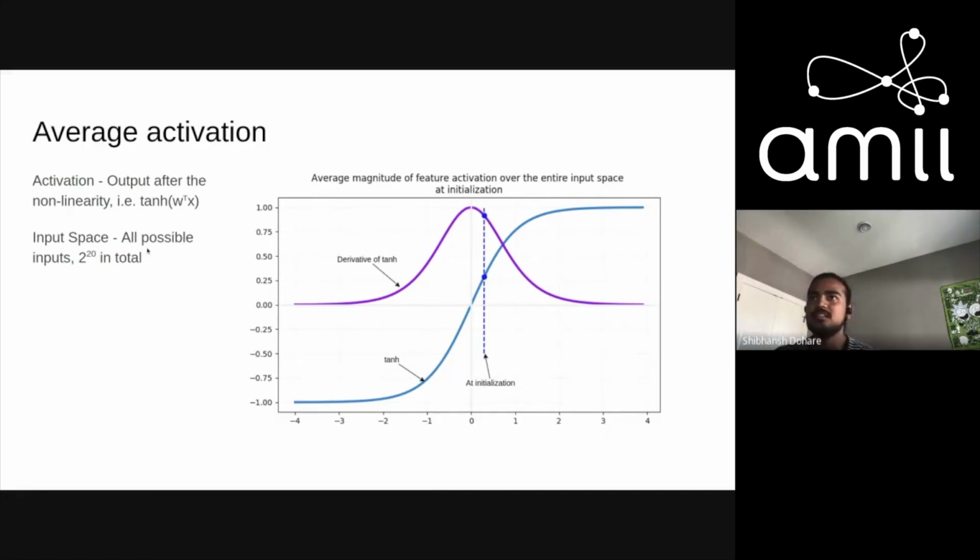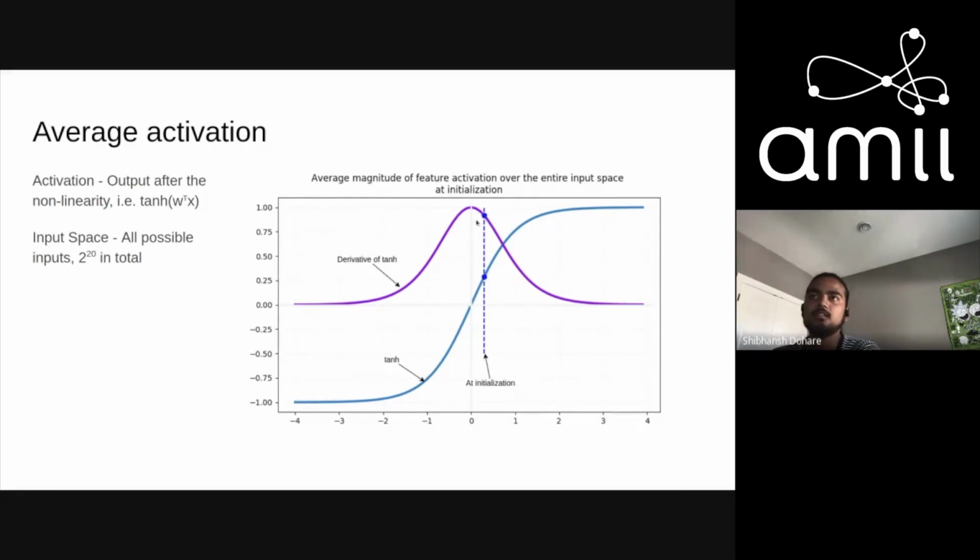In this case, the input space is all possible combinations of bits, which is 2 to the power 20 combinations. And if I look at the average activation for a random feature, the average magnitude of the activation, not the actual value, I find that this value is very close to 0.